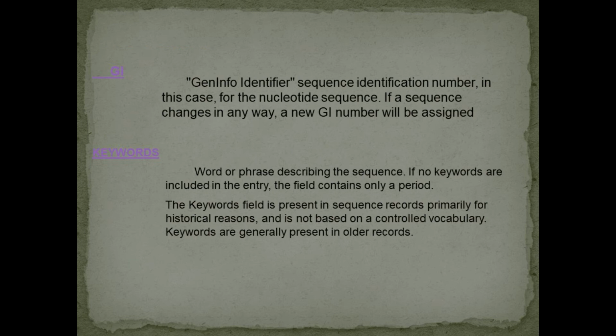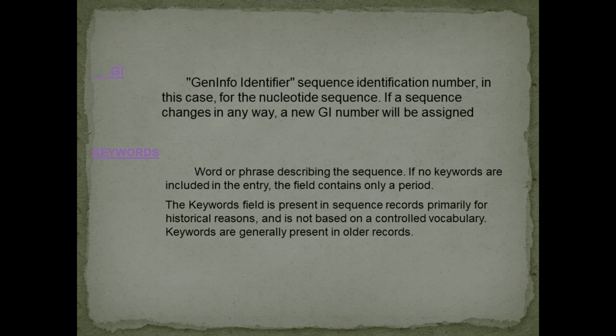Then the next section is GI, Gene Info Identifier, Sequence Identifier. It is a sequence identification number, in this case for the nucleotide sequence. If a sequence changes in any way, a new GI number will be assigned. The keywords are words and phrases describing the sequence.